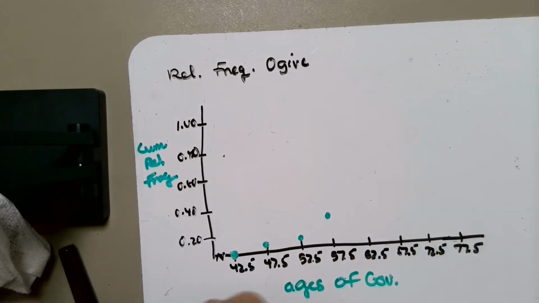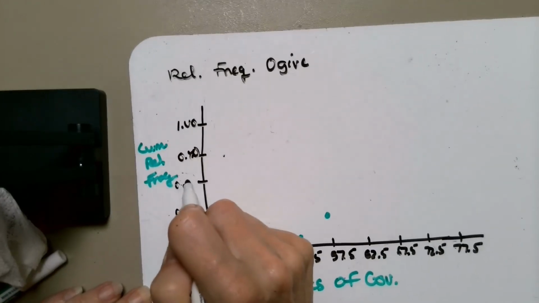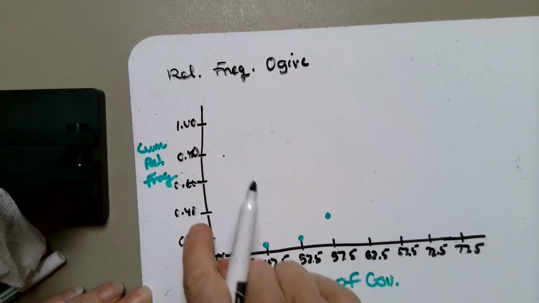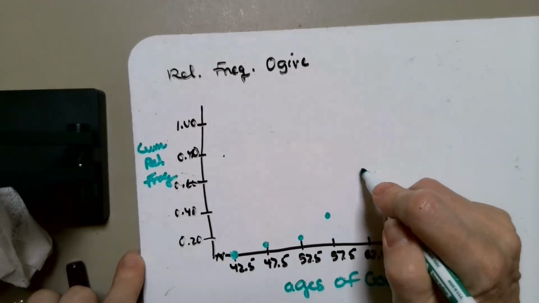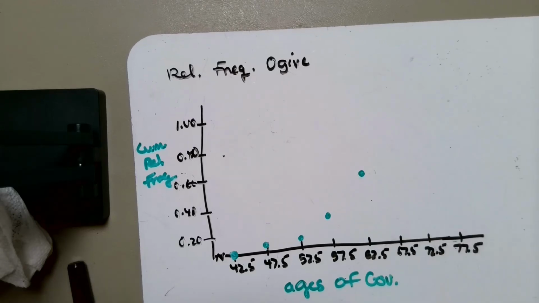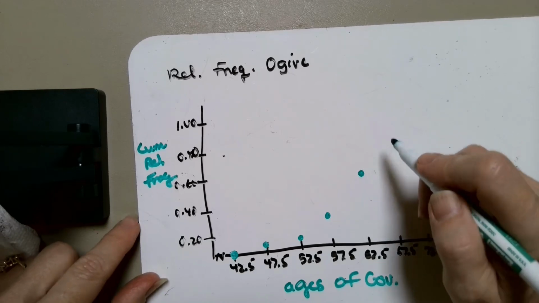Oh, I skipped here, didn't I? I'm missing one. 20, 40, 60, 80, 100. There we go. Okay. 0.66. By 67.5, the cumulative relative frequency was 84%, 0.84.